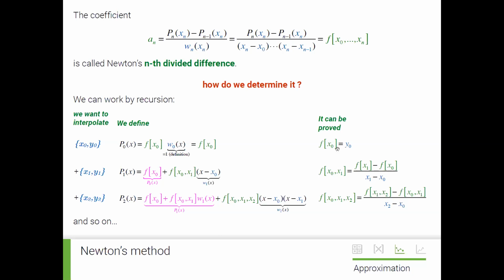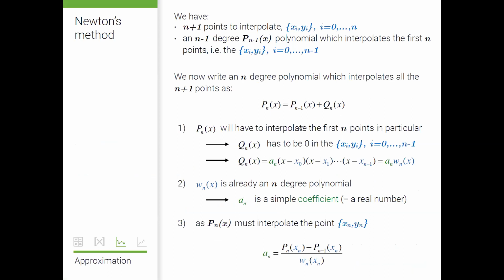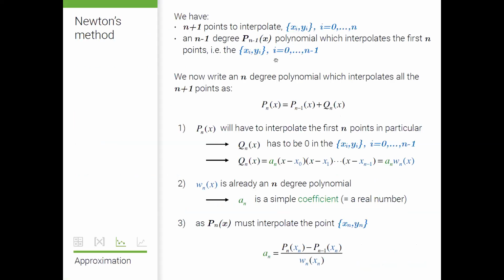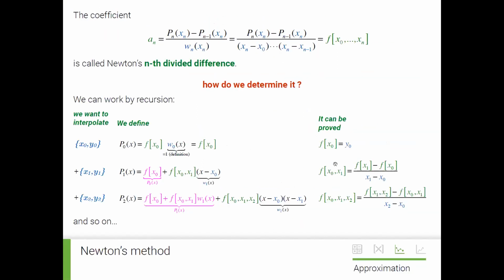So here f(x0) is just y0. This is the corresponding node, y0. And f(x0, x1) equals f(x1) minus f(x0) over x1 minus x0. So f(x1) is y1, f(x0) is y0, and here x1 minus x0. So you have your nodes xi and yi, and using these nodes you can find these coefficients also.